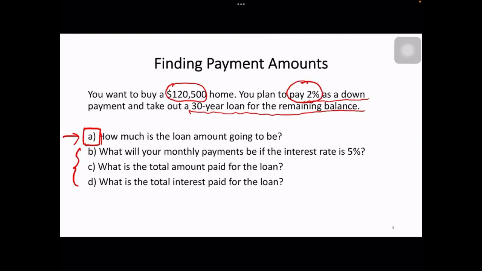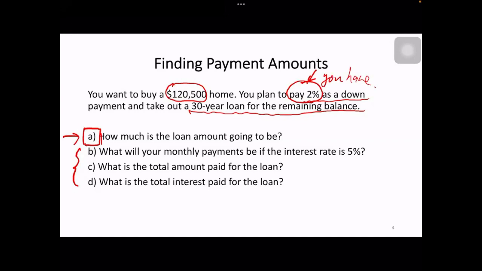In other words, this 2% is the money you have, so you don't need to borrow a loan for this. This is the money you have and you already paid. The rest is what you get a loan for. That's the money you don't have, that's why you want to borrow from the bank.